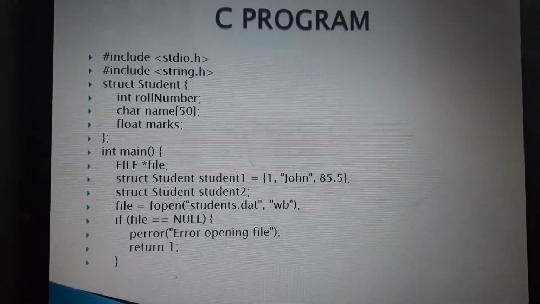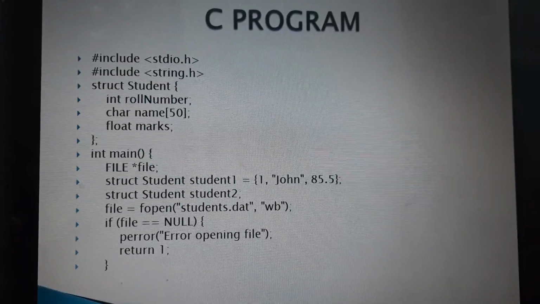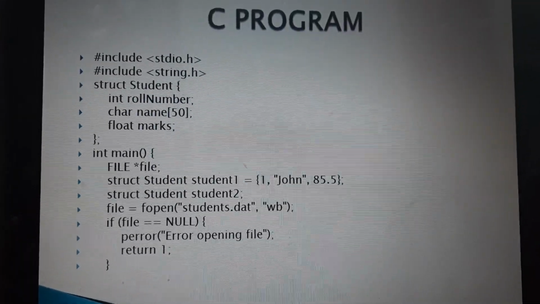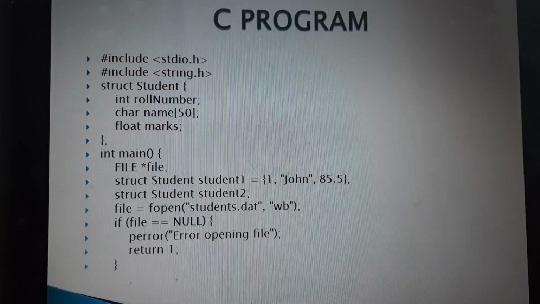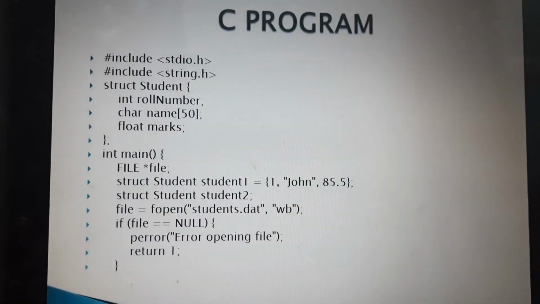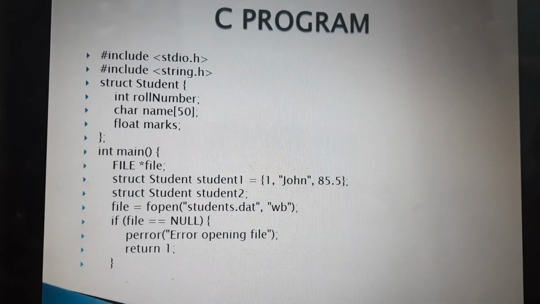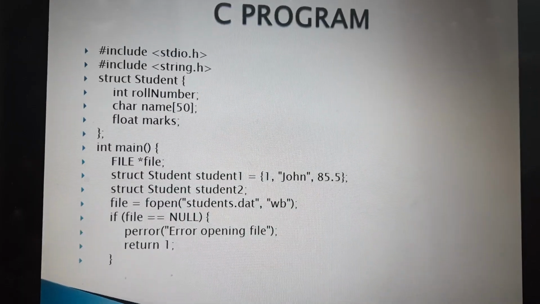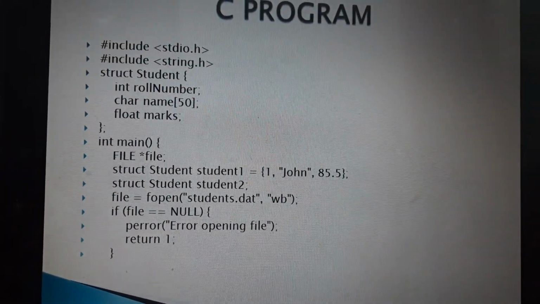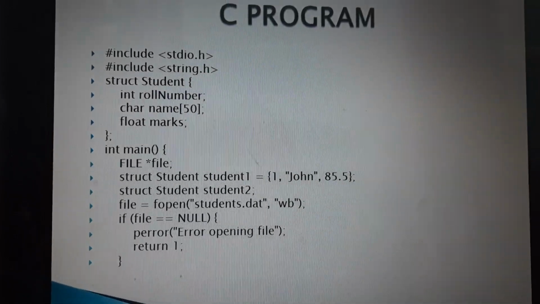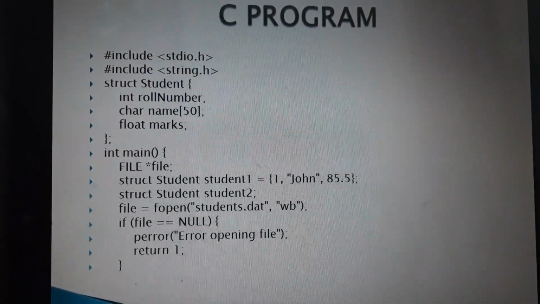After declaring the structure, I am moving on with the main function, int main and open curly brace. As I said in the last program, file and the pointer, address of the particular file. Again, what I am doing is struct student.